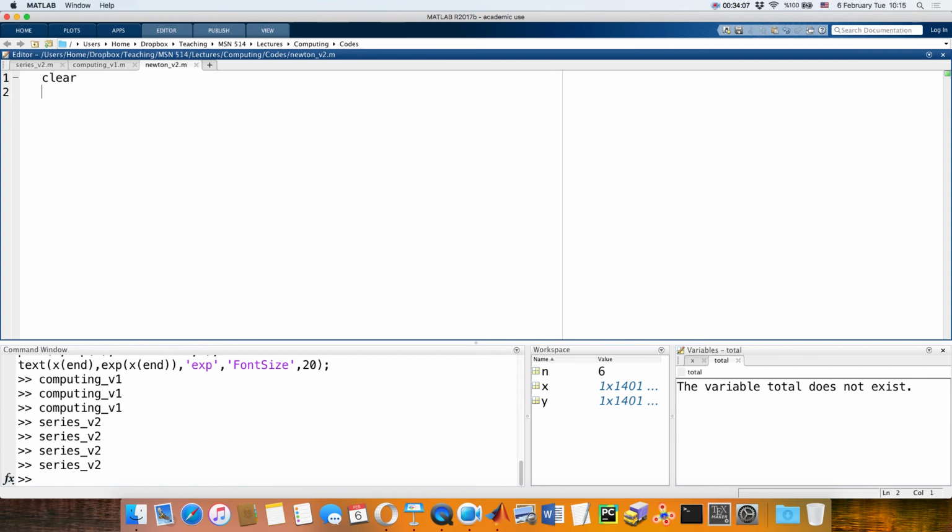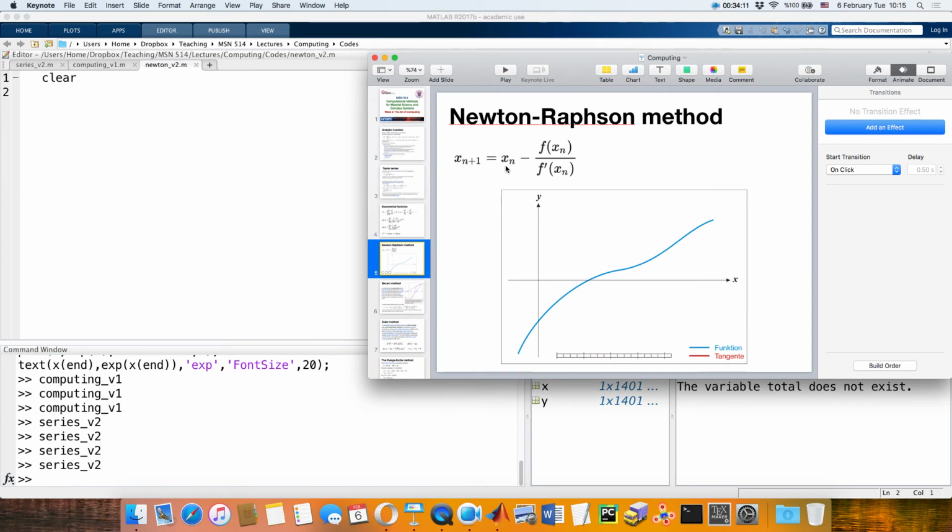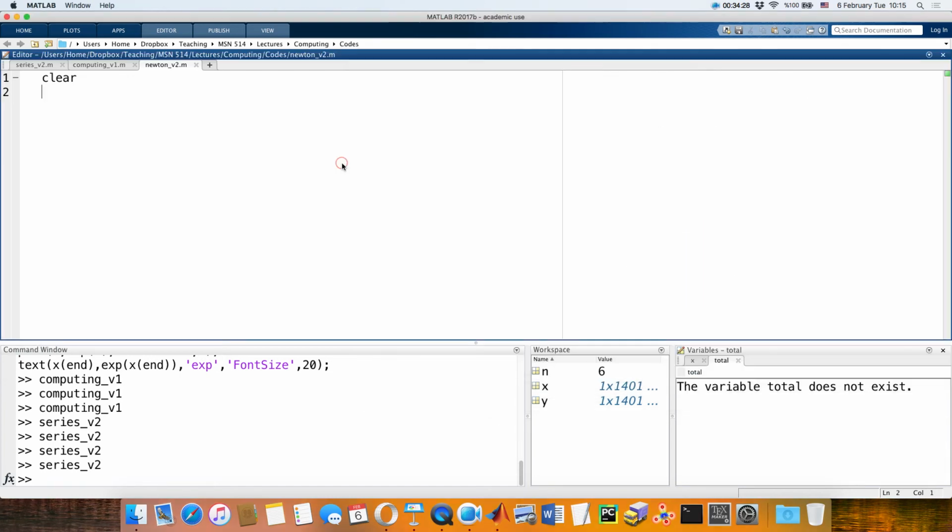Okay. So let's look at it again. If you have a function that is to be solved, then you take your first iteration minus f(x) divided by the derivative of f(x), right? So let's start with x equals 2, okay?